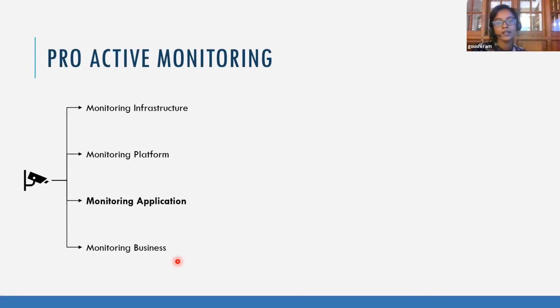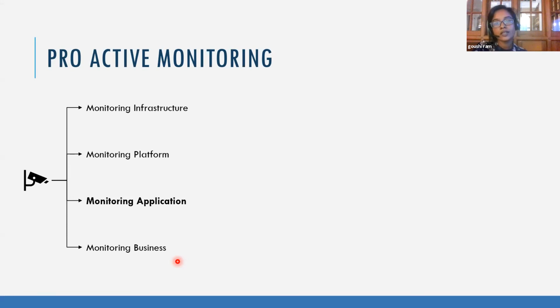So having a healthy infrastructure and a platform is not good enough for an application to function correctly. So proactive monitoring of the application is needed to be performed. So this can be executed either before a release or after a release.